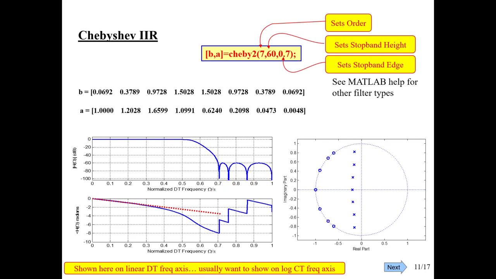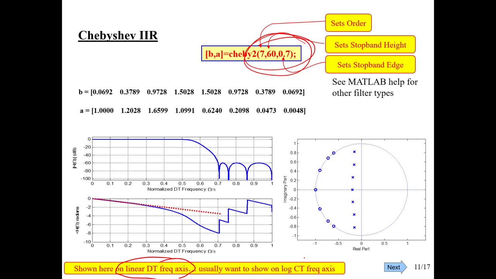And again, I'm comparing to a linear phase just so that you can see what happens here. So again, I'm showing these on a linear discrete time frequency axis just so that I can see the characteristics here.